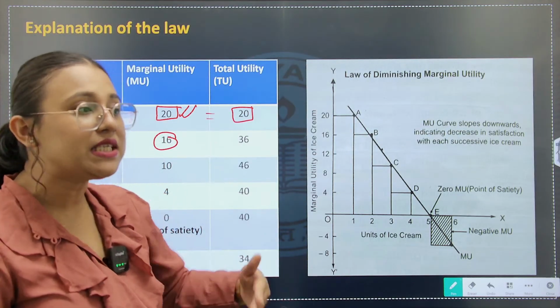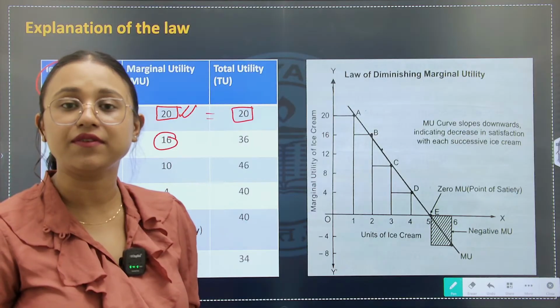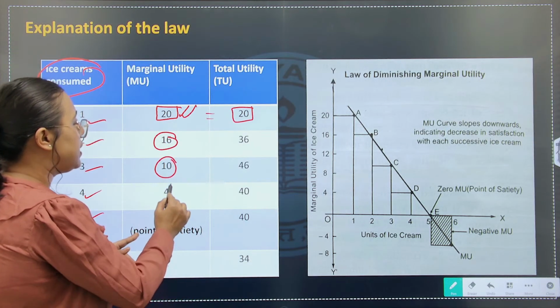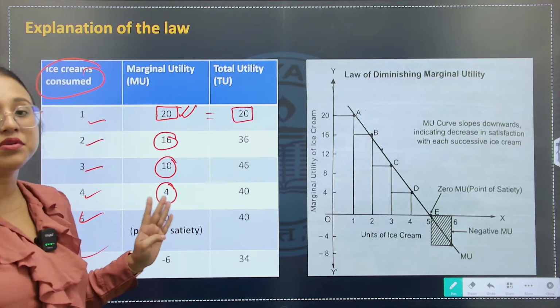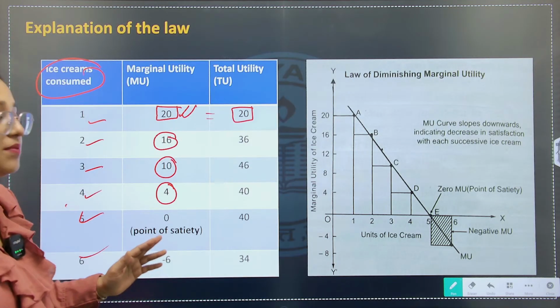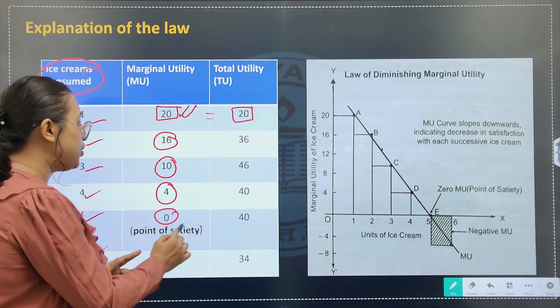the satisfaction received from the additional or successive unit goes on decreasing. So here 16, next 10, next 4. When you eat the fifth unit of ice cream, you are done. Point of satiety.